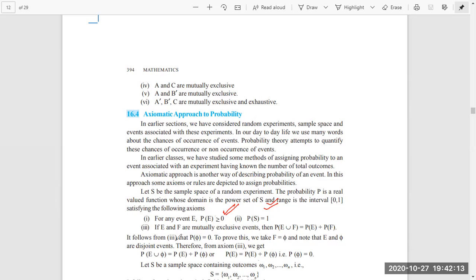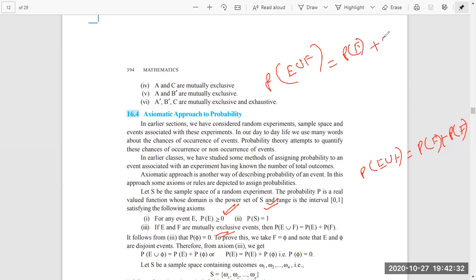If E and F are mutually exclusive events, then the probability of E union F is the probability of E plus the probability of F. Why? Because the probability of E union F is the probability of E plus the probability of F minus the probability of E intersection F. This is the formula.